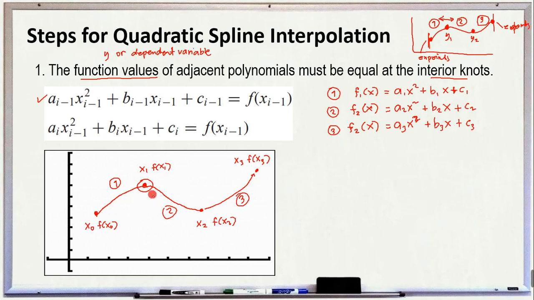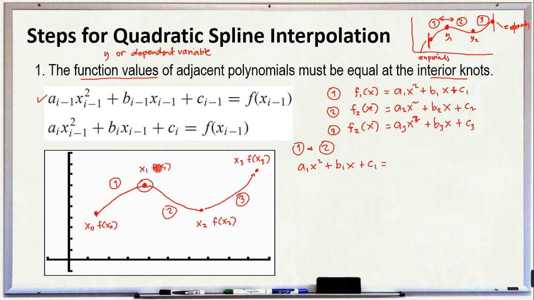adjacent polynomials equal dapat sila sa ilahang common nga knot. So for 1 and 2, diba mao man ang common, so dapat equal sila og y. So mao nang imo ibutang dira. So isulat nimo ang 1, you have a1 x squared plus b1 x plus c1 is equal to f of x1.